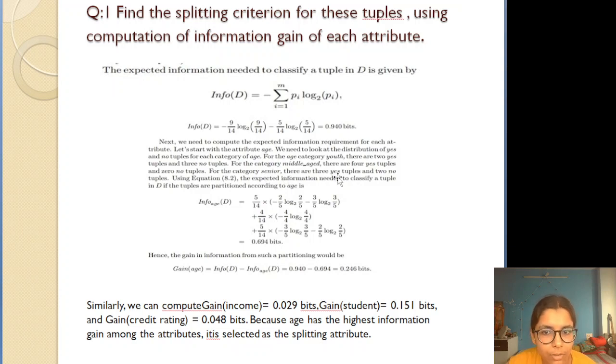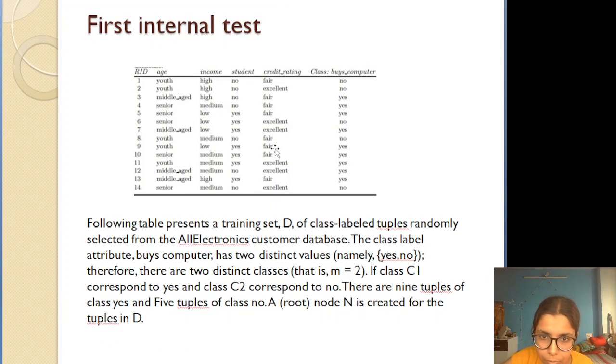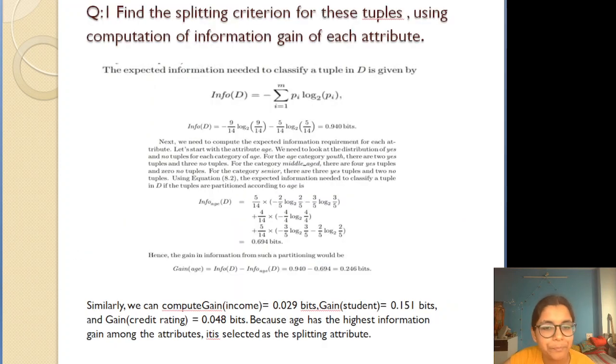So whenever there is middle age there is no class C2. For the category senior there are three yes and two no's. Okay, so there are corresponding values for every yes and no with respect to all the values of age, which are youth, middle age and senior, and for each of them we had yes and no classes.